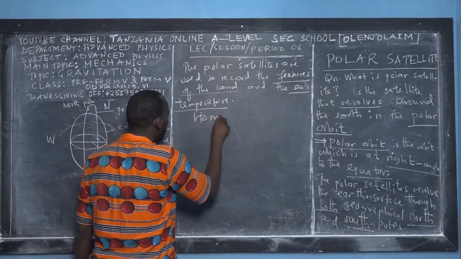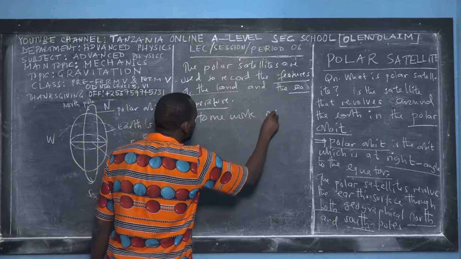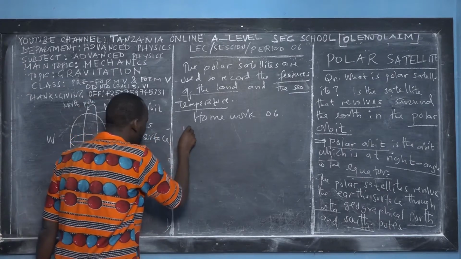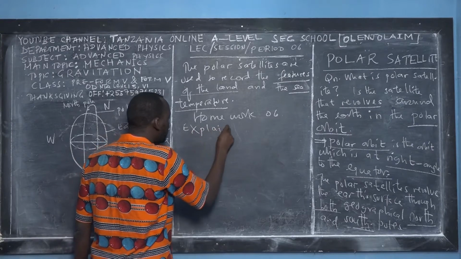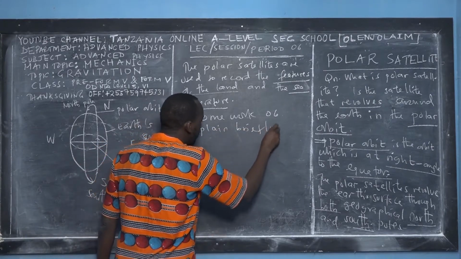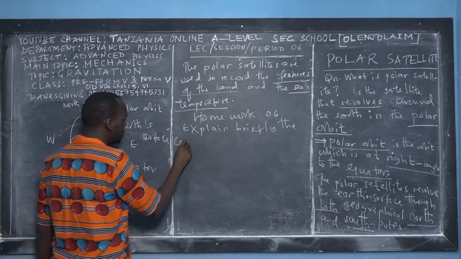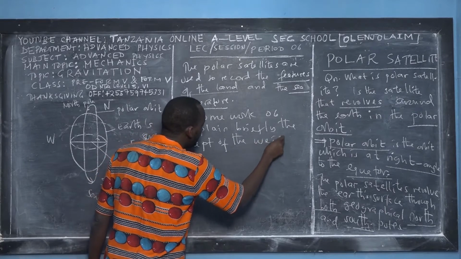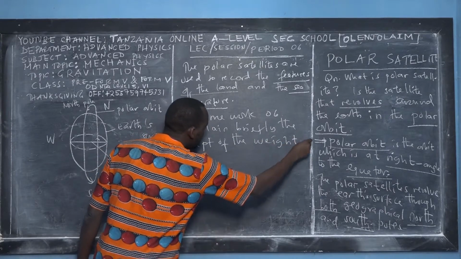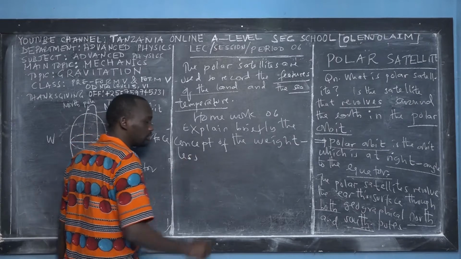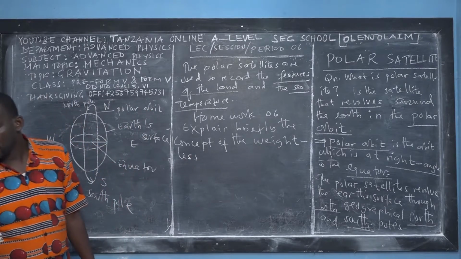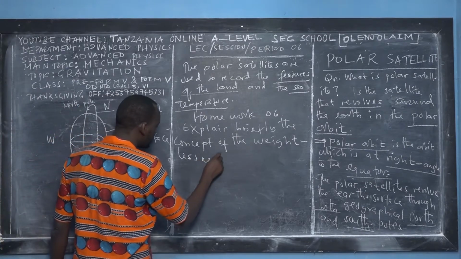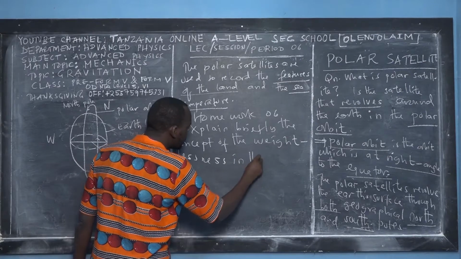So now let me leave the homework. This will be homework 6. Okay, the homework 6 is this one. Explain briefly the concept of weightlessness in the satellite.